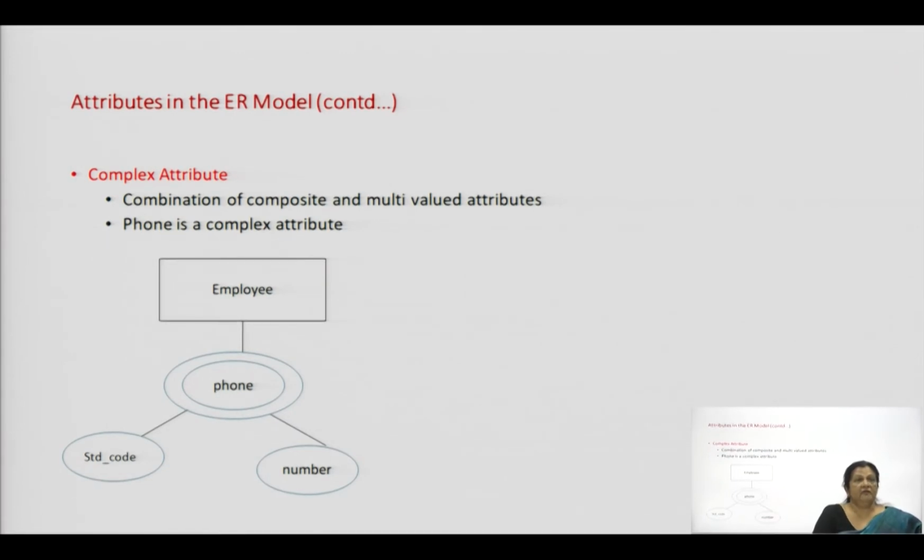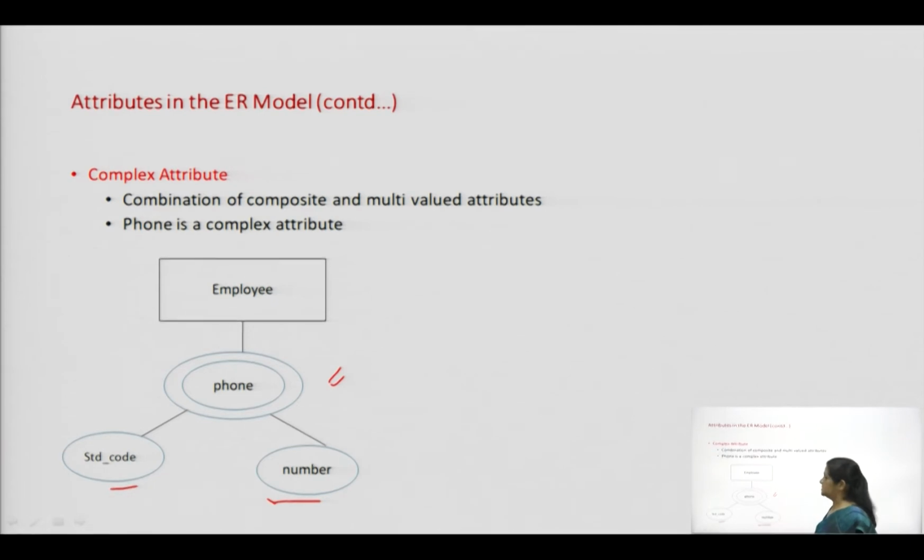Then next we have the complex attributes. The complex attributes are those which are a combination of the composite and the multi-valued attributes. Here we have a multi-valued attribute for employee, which is phone, and also it is a composite attribute. Why is it a composite attribute?